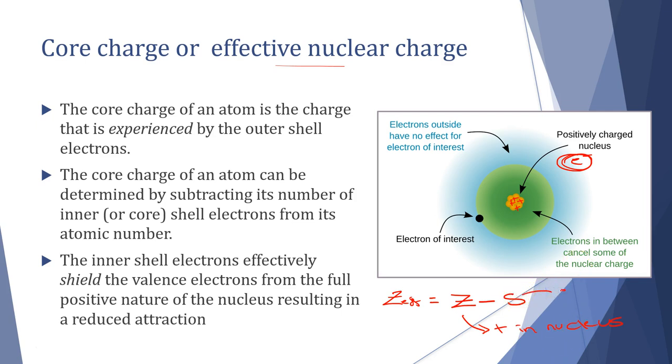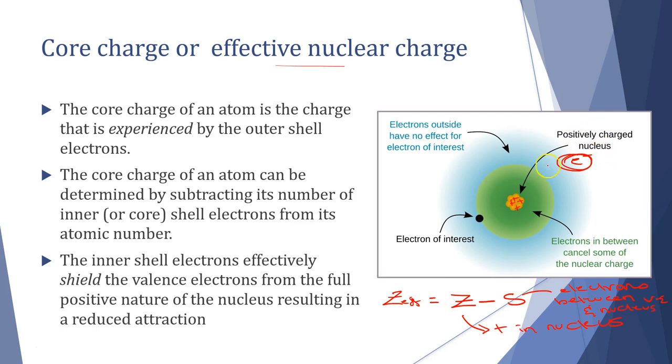This is the electrons that are between the valence electron or the valence shell and the nucleus. If you think about what shield means, to block or protect something.